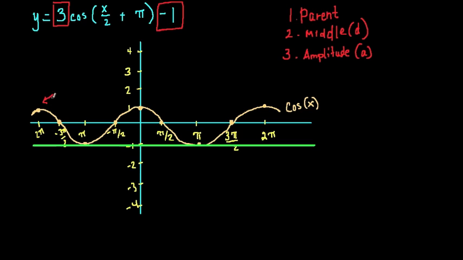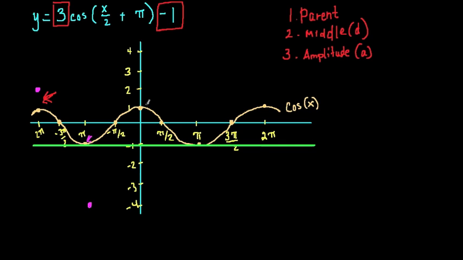So we have a high right here. We're going to go 3 above. Let's do this in magenta. We'll go 1, 2, 3 above for this high here. And then for this low right here, we'll go 3 below the line, so 1, 2, 3 down here.